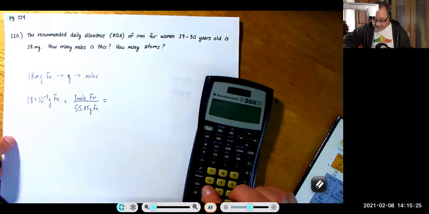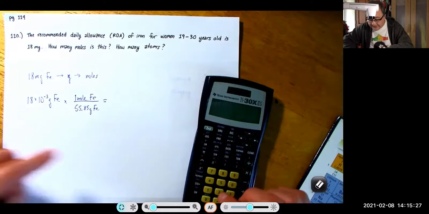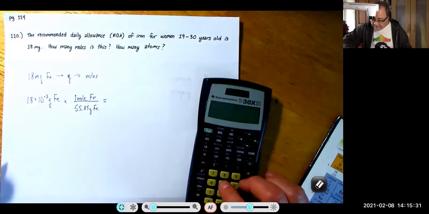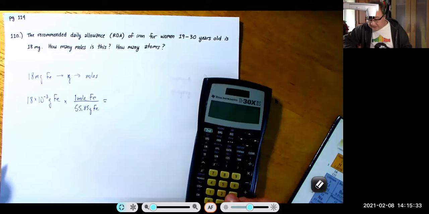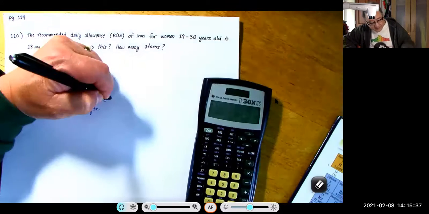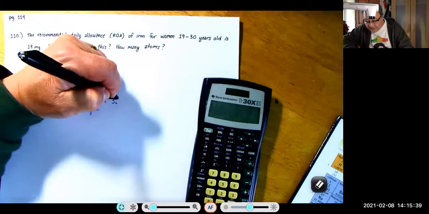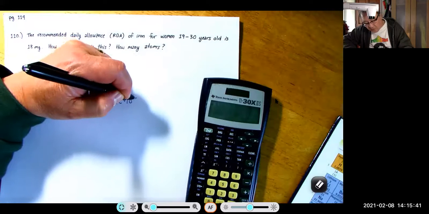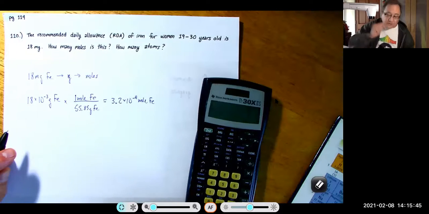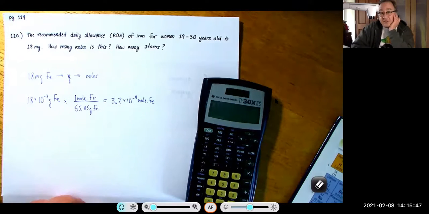And let's see, 18 EE negative 3 divided by 55.85 is equal to 3.2 times 10 to the minus 4 mole of iron. So this is less than 1 mole of iron. Can you have less than a mole of iron?